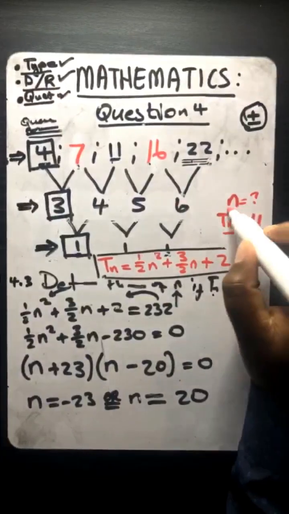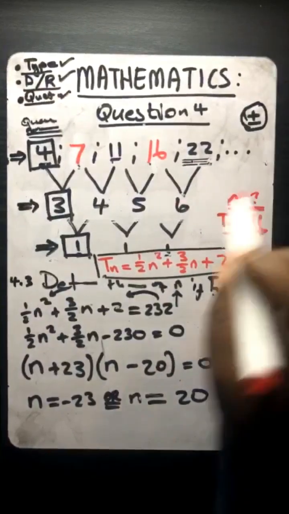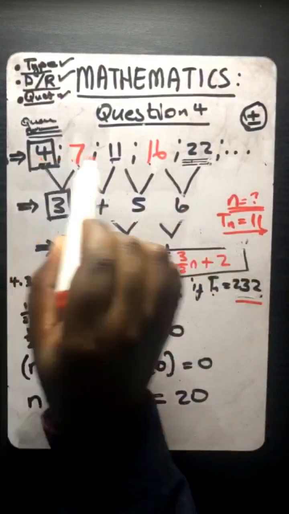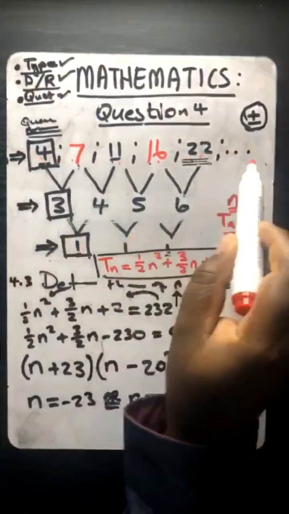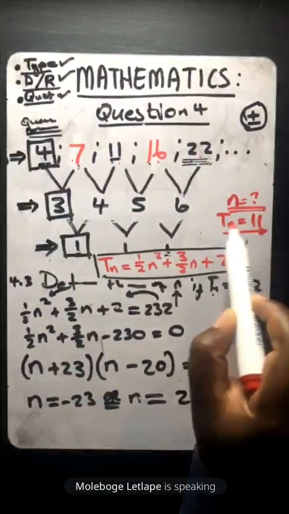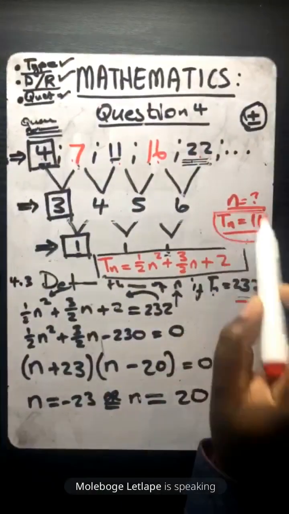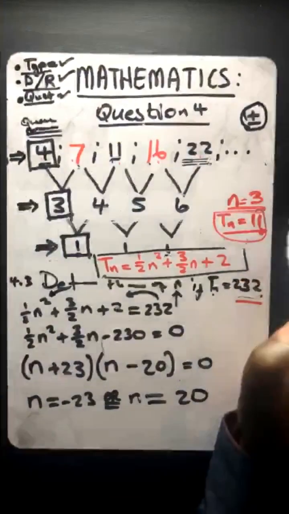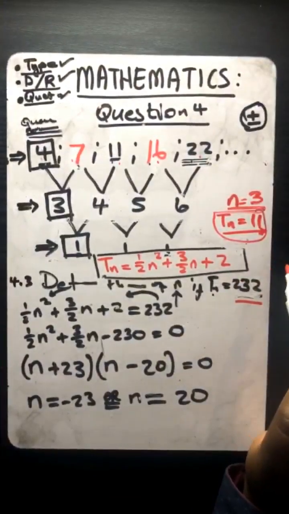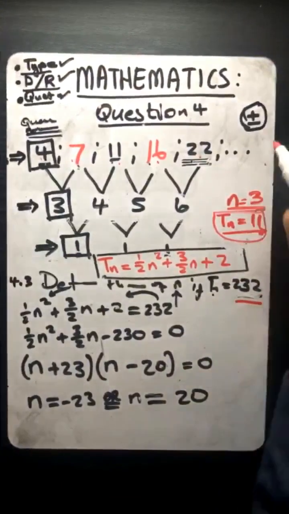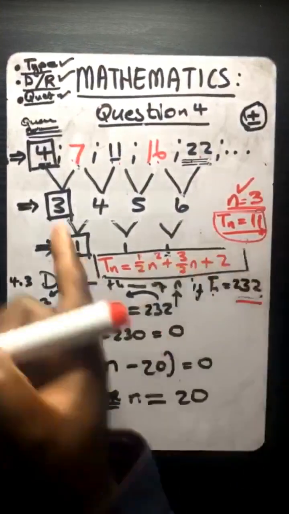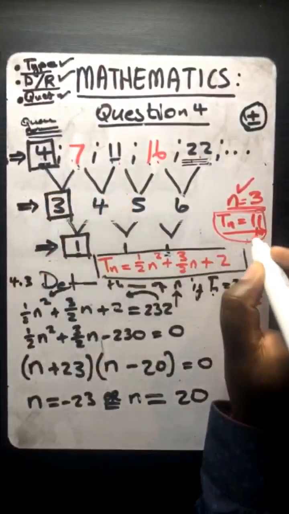So when they ask about n, it's either term number 1 or number 2 or number 3 or number 4 or number 5 or number 6. What term number is it where it's 11? It's 3. Yes, it's term number 3. Yes, exactly that. So I just wanted you guys to be aware that when they want you to calculate n, they are actually referring to a position whereby on that position the value is going to be 11.